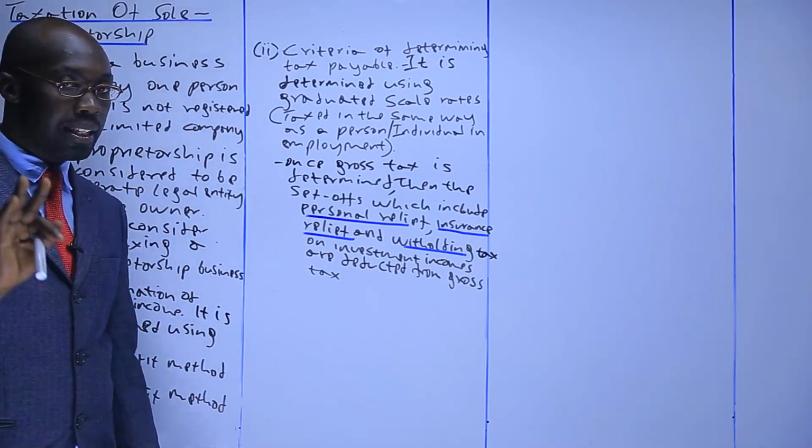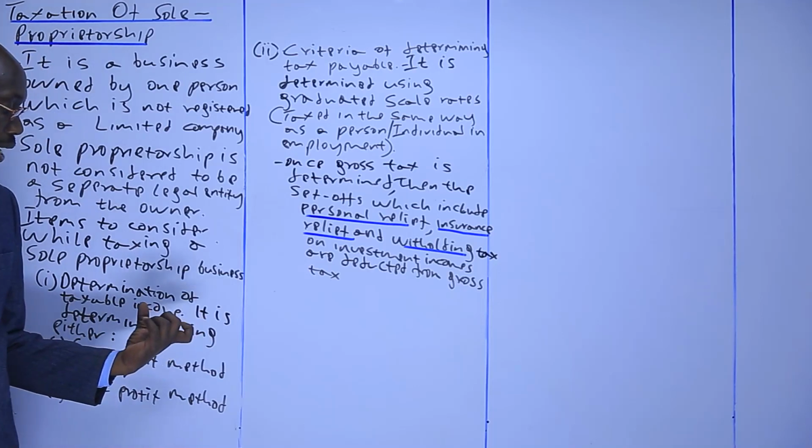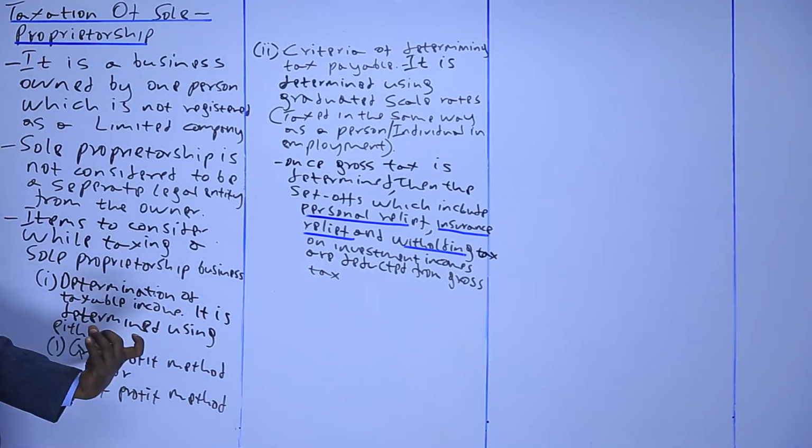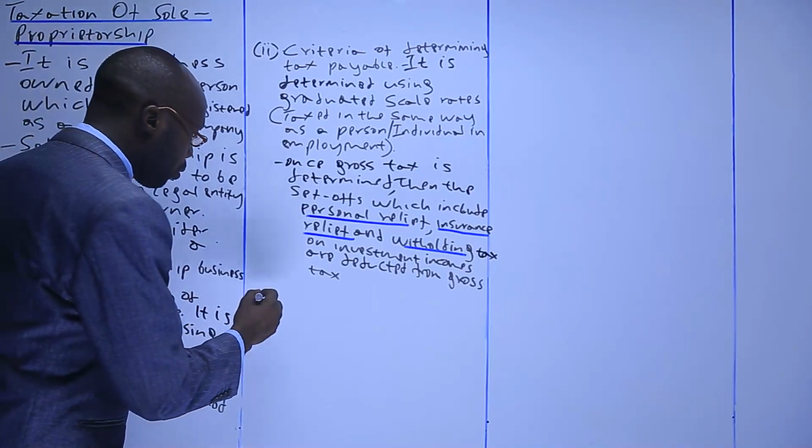I told you there are three things that you need to know when you are taxing a sole proprietorship business. The first one is the determination of the taxable income. Once you determine it, then you tax it. Now, there is the third one I want you to know.